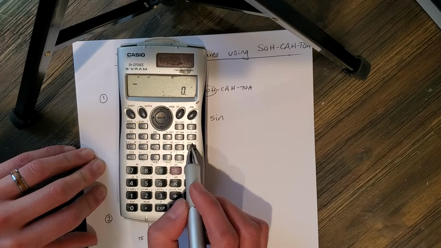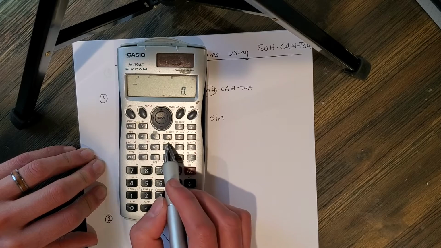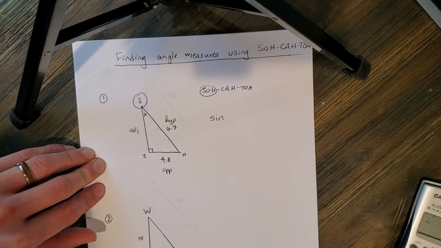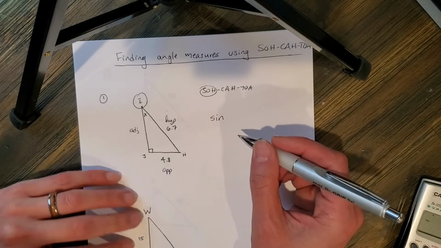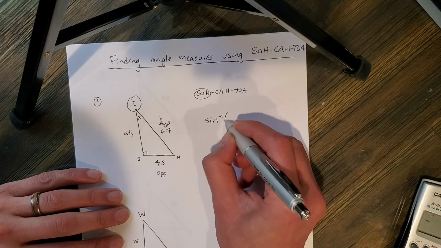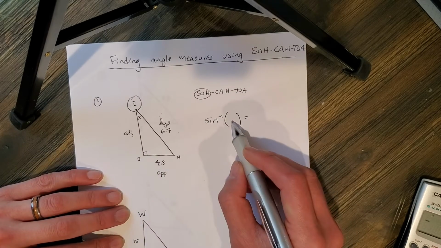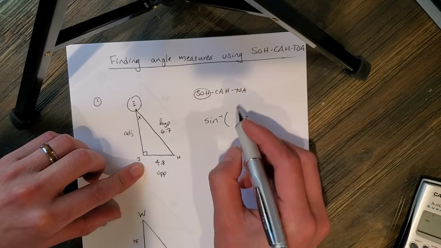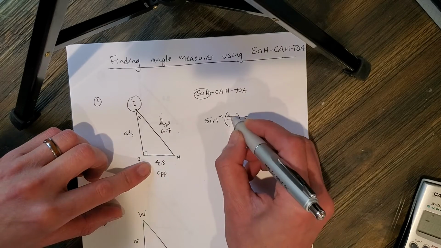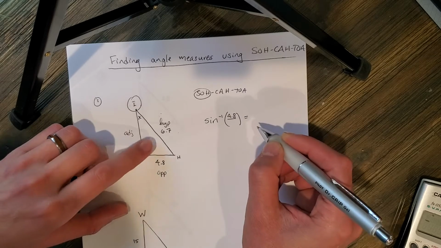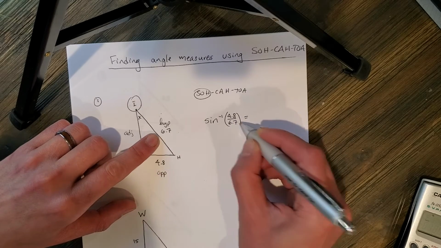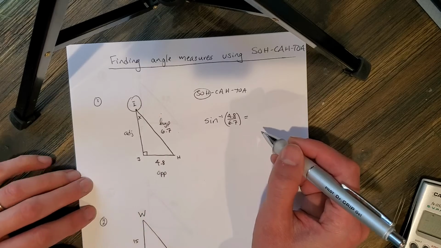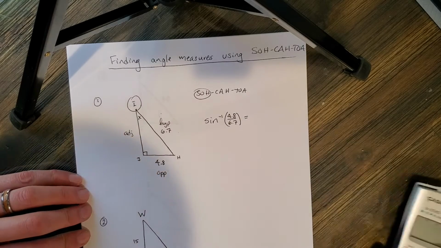It's like tan, sine, cosine, but with a -1 exponent. So basically what we're doing is we're going backwards here. We're going to do inverse sine of opposite over hypotenuse inside the parentheses. So we're going to do 4.8 and then 6.7, and this is going to give us the angle measure.